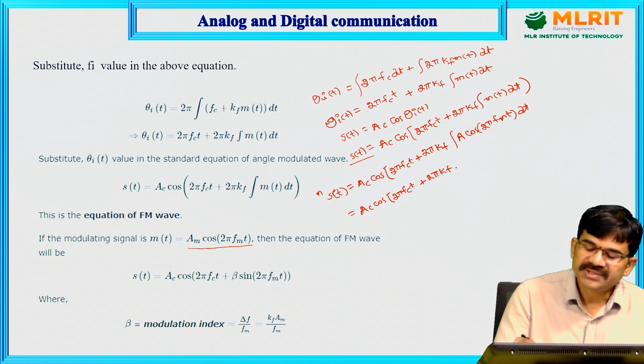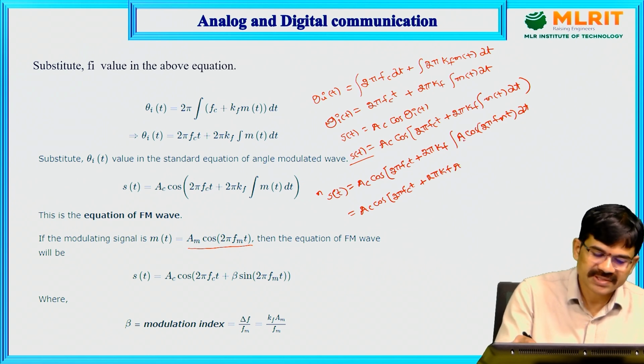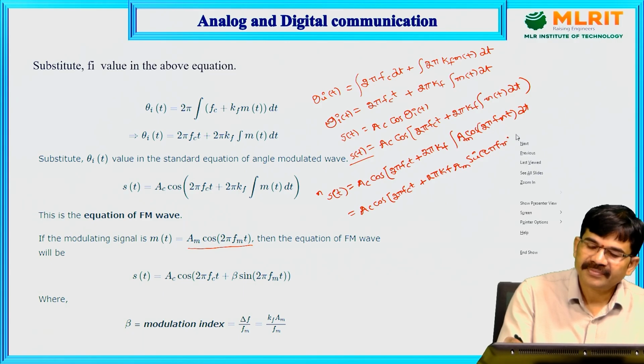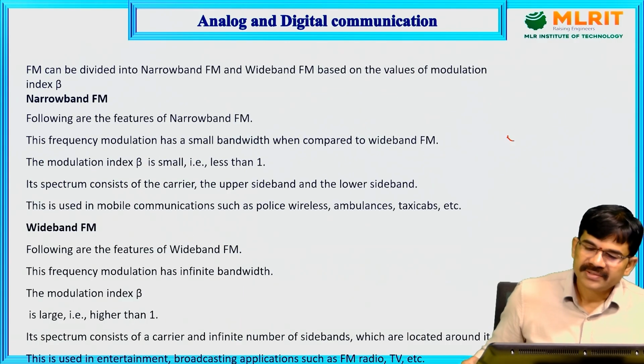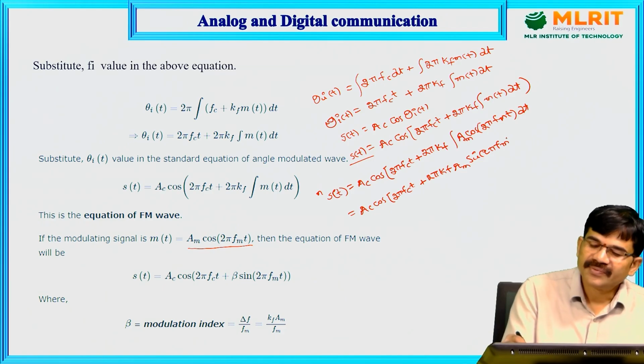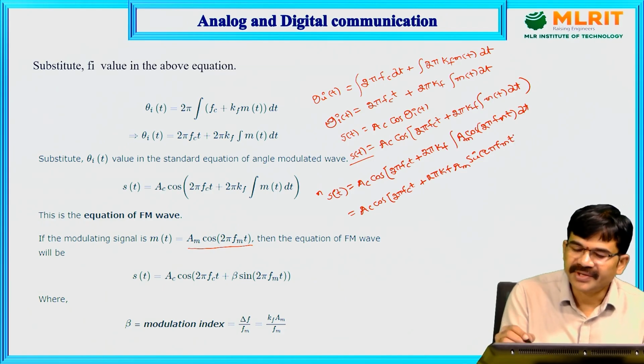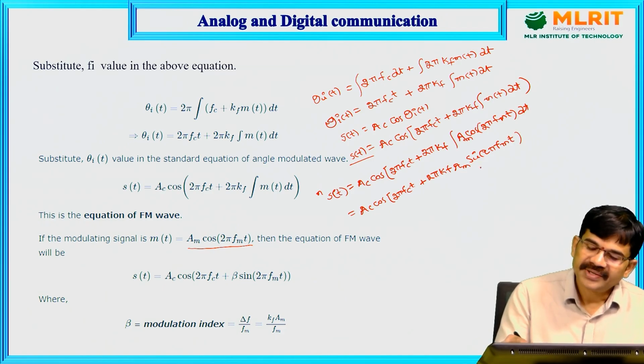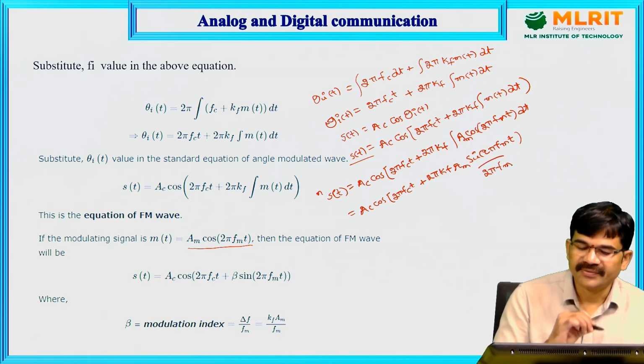Integral of cos theta is nothing but sin theta, divided by 2π fm.